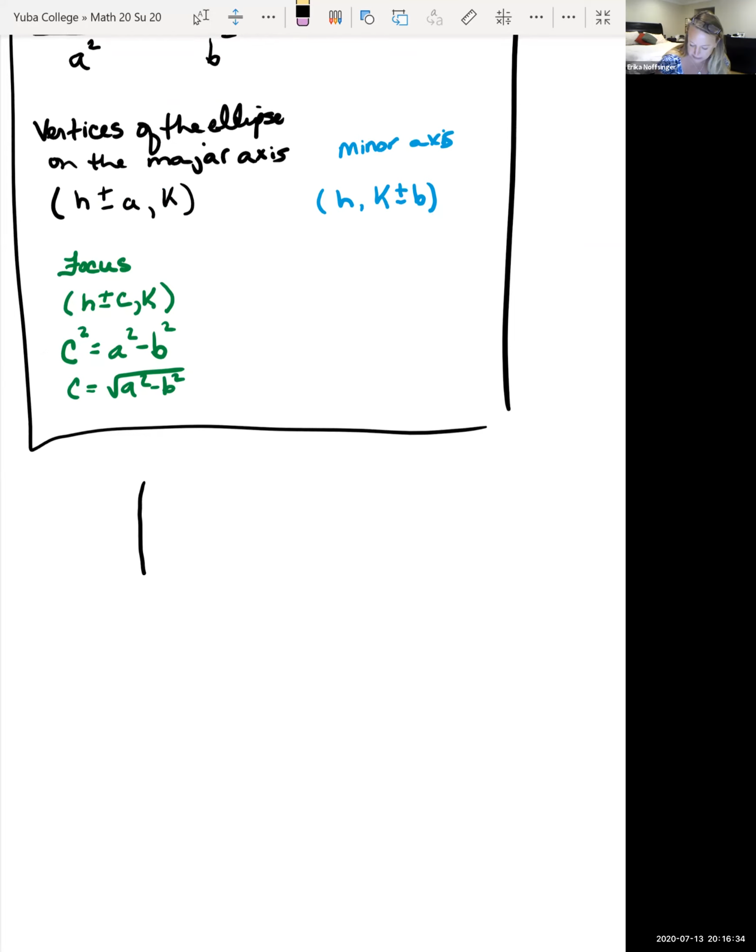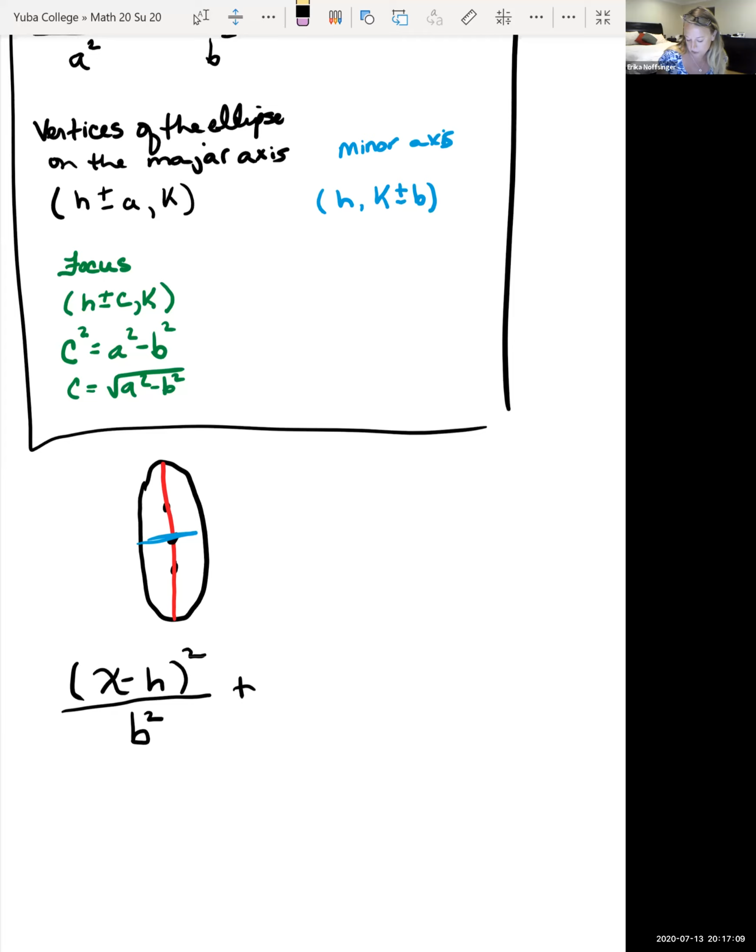So if our major axis is parallel to the y-axis, in that form, our equation for an ellipse in standard form is the following. (x minus h) quantity squared, all over b squared, plus (y minus k) quantity squared, all over a squared is equal to 1.